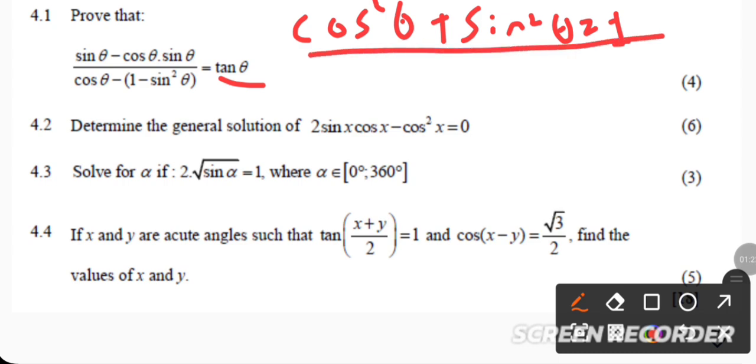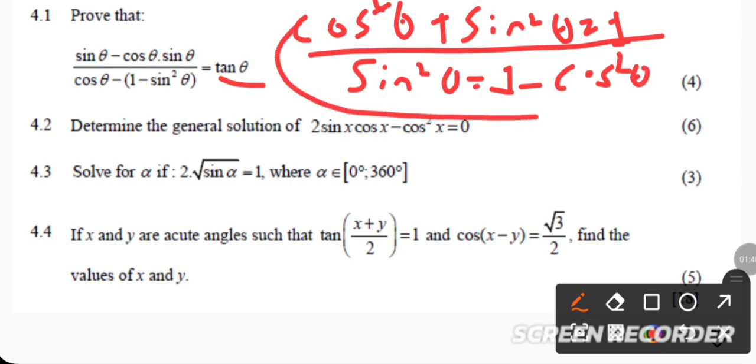We can also say that sine squared theta is the same as 1 minus cos squared theta. We transpose this, take it to the other side, and it changes signs. We can also do the same for cos squared theta: cos squared theta is equal to 1 minus sine squared theta.